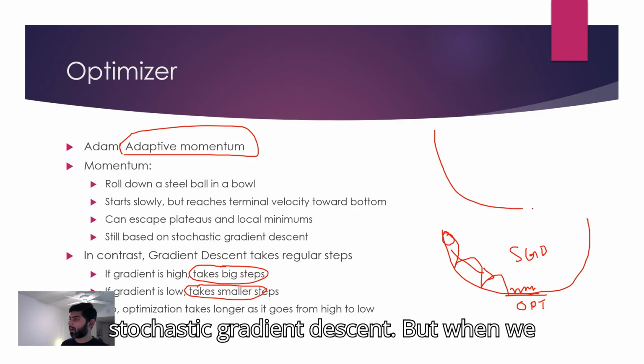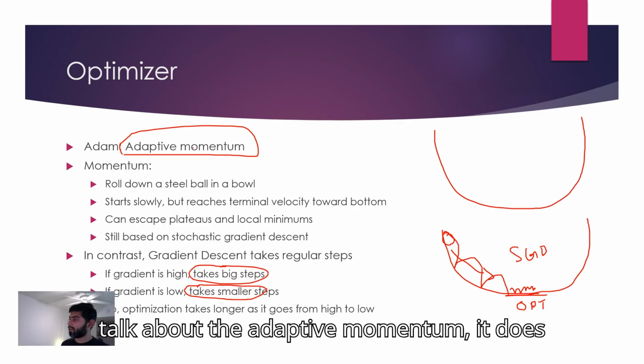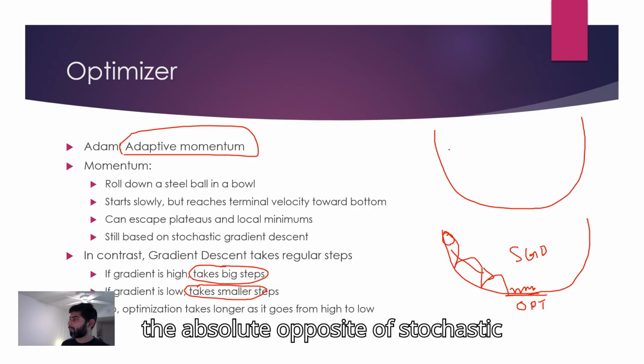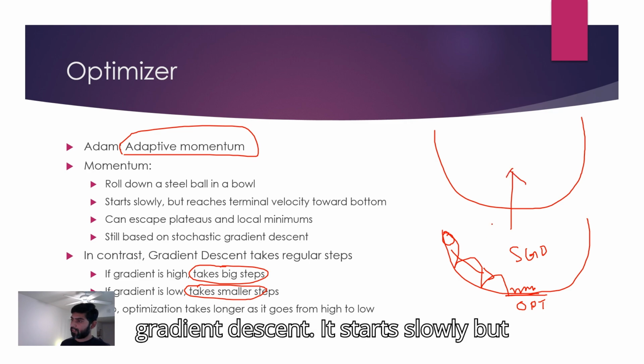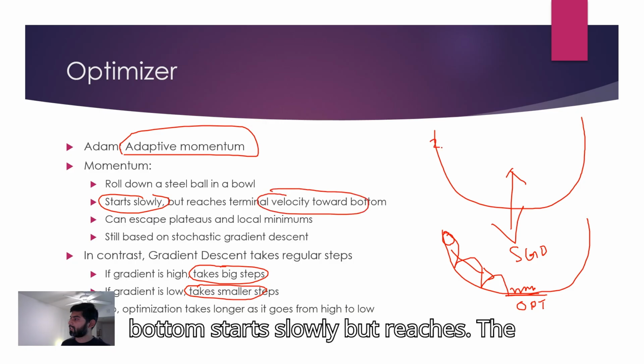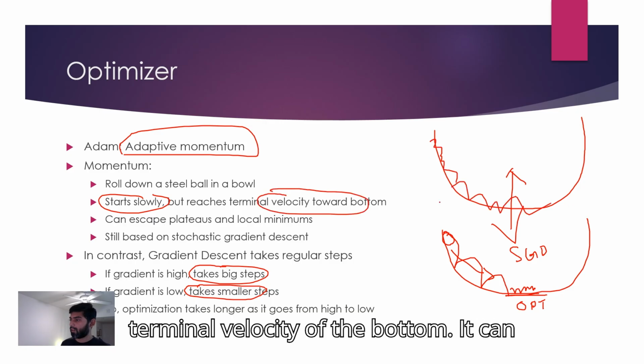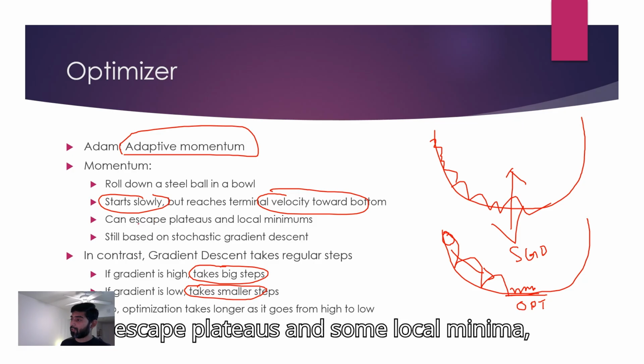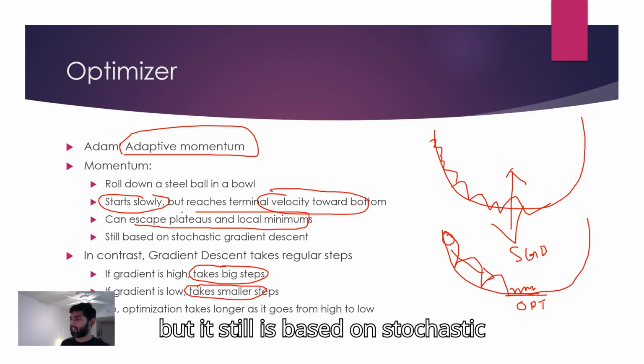But when we talk about adaptive momentum, it does the absolute opposite of stochastic gradient descent. It starts slowly, but reaches terminal velocity at the bottom. It can escape plateaus and some local minima, but it is still based on the stochastic gradient descent idea.